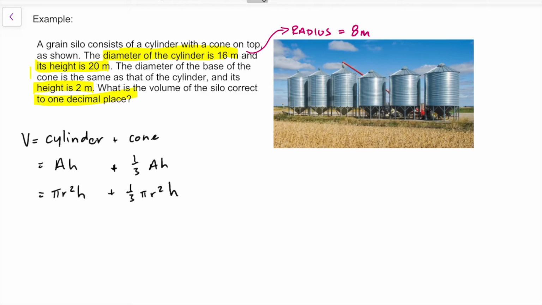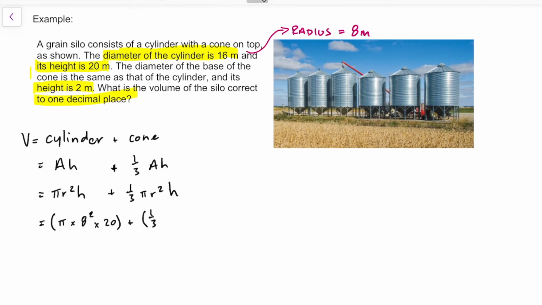Okay, so we're up to the point of substituting. Just to keep things a little bit easier, we're going to have pi times 8 squared times 20 for the cylinder. Then we're going to add that to another bracket.